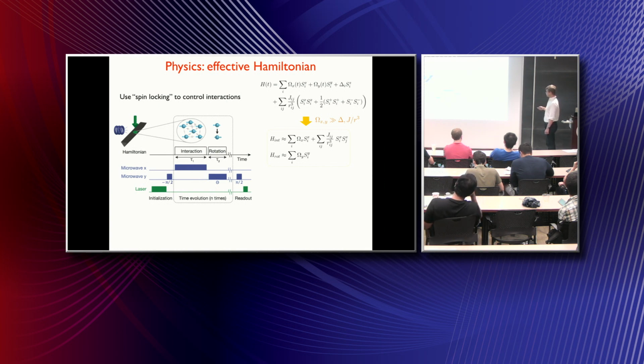Then for the rotation period, we just apply the microwave on the y-axis, but of course interactions will also be present. The reason why we can neglect them is that these pulses are much stronger and much shorter, so much shorter in time scale compared to the interaction. But of course, the presence of interactions here will contribute to imperfections.